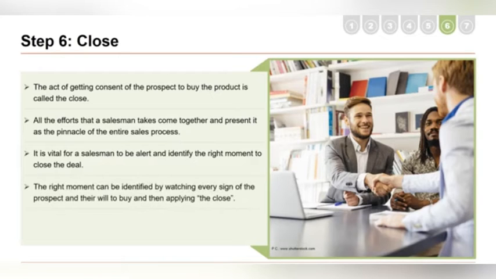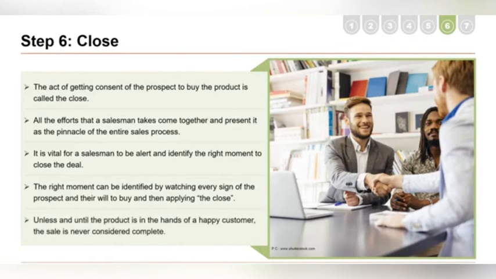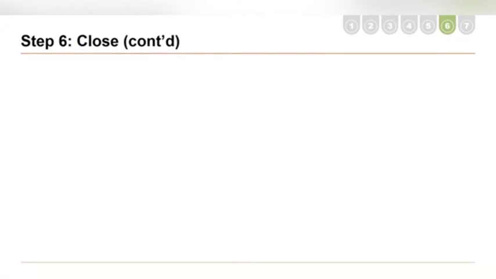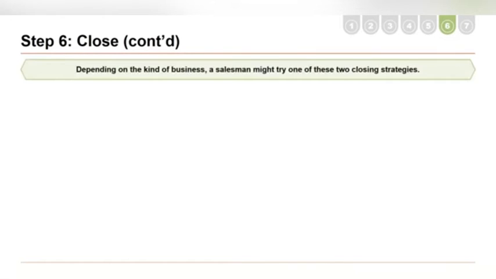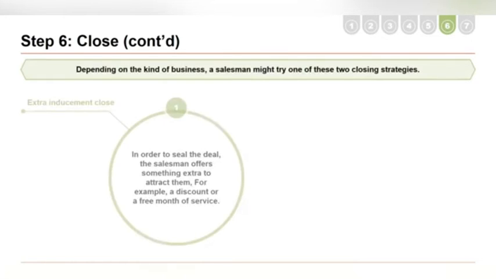The right moment can be identified by watching every sign of the prospect, and then applying the close. Unless and until the product is in the hands of the customer, the sale is never considered complete.